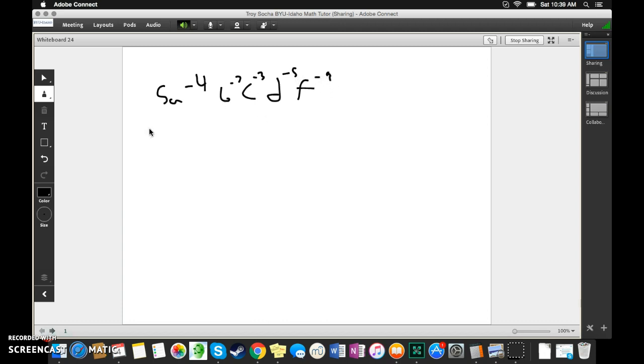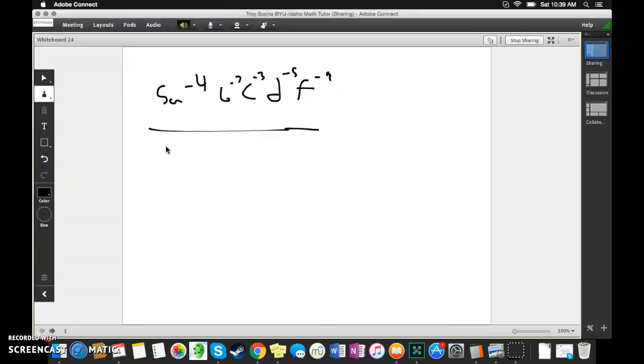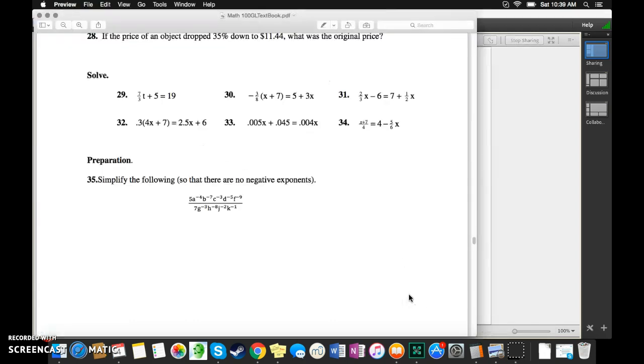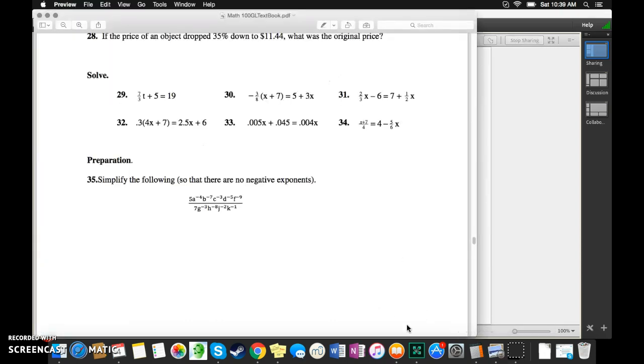And then on the bottom, it says 7g to the negative 3, 8, h to the negative 8, and j to the negative 2 and k to the negative 1.